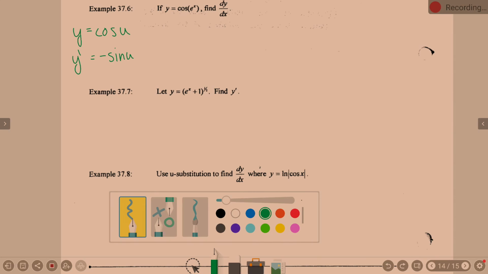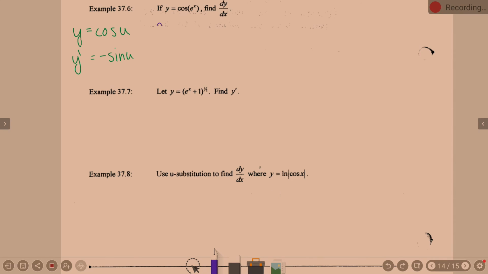So if y equals cosine of e to the x, dy dx, derivative of cosine of e to the x, derivative of cosine of that is negative sine of that times the derivative of that.